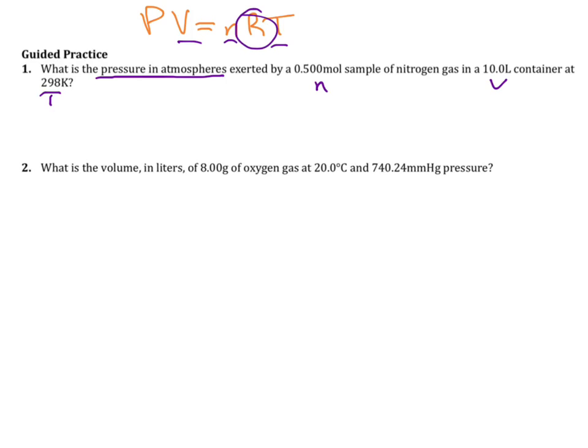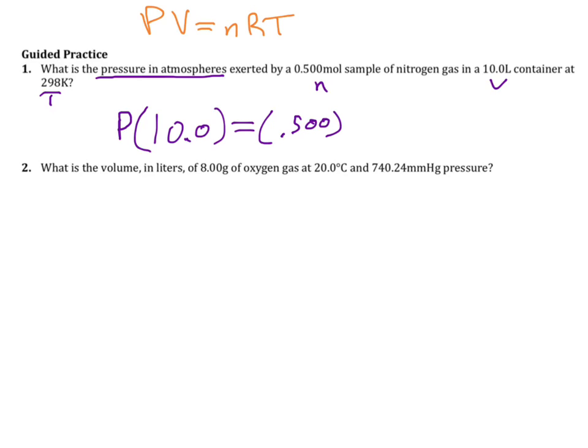We will always have R, so we can just plug these variables into this equation and calculate P. We don't know what P is, but we do know V is 10.0, and we know N is 0.500.